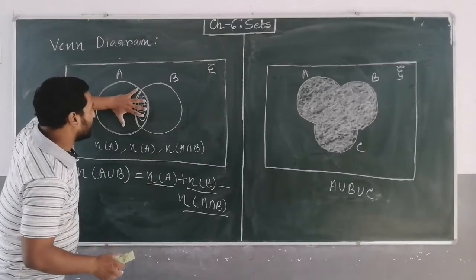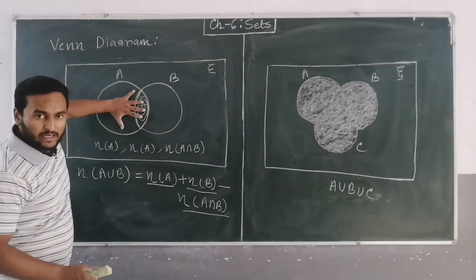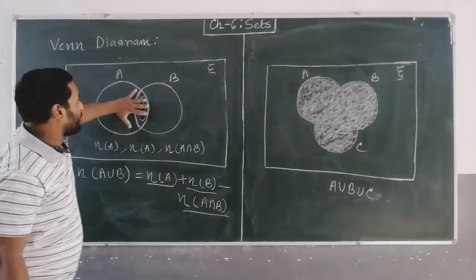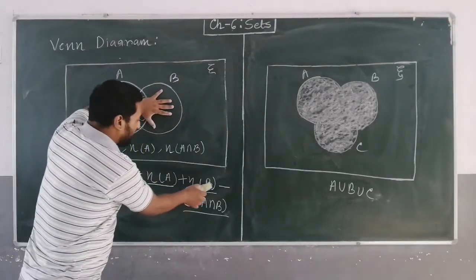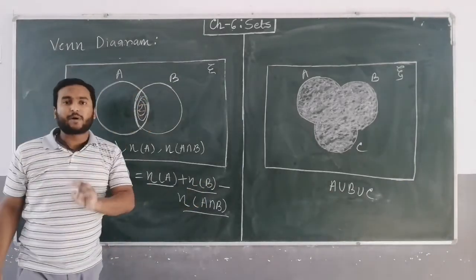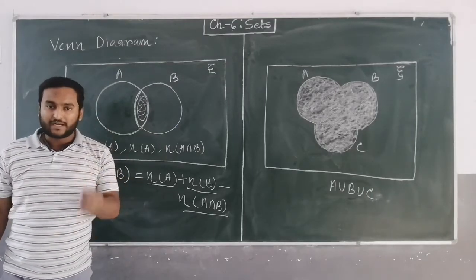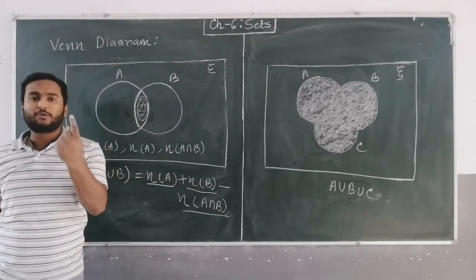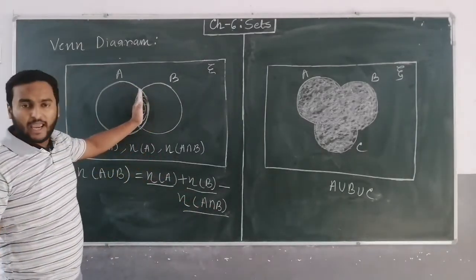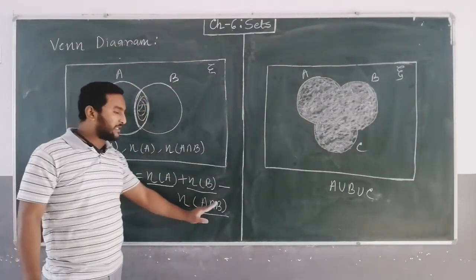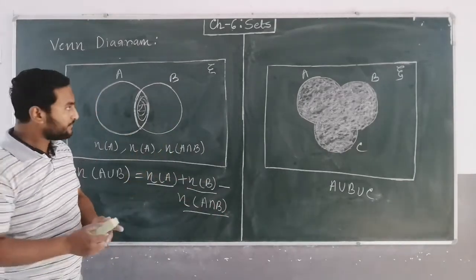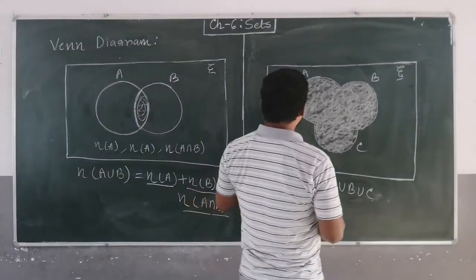The number of elements present in A means this total set A we are considering, so this intersection portion is coming. When we take the number of elements in B, this intersection part is also coming. So this intersection part is coming two times, but for cardinality you have to consider only one time. So one time we have subtracted the number of elements present in A intersection B. Clear? Okay.